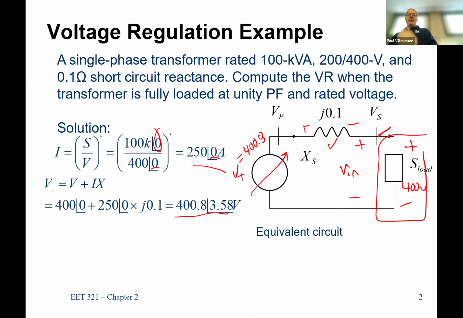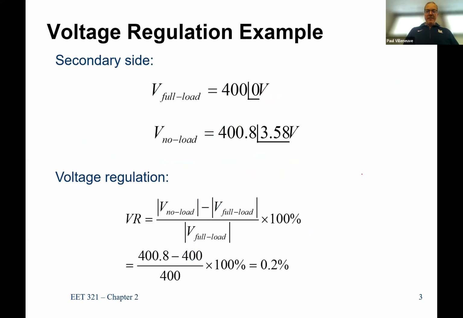So when I connect it up, I'm going to have 400. So my calculation is 400.8 minus 400 divided by 400 times 100%. I get 0.2% voltage regulation, which is pretty good. Normally, if you have less than 3% voltage regulation, that's considered acceptable.